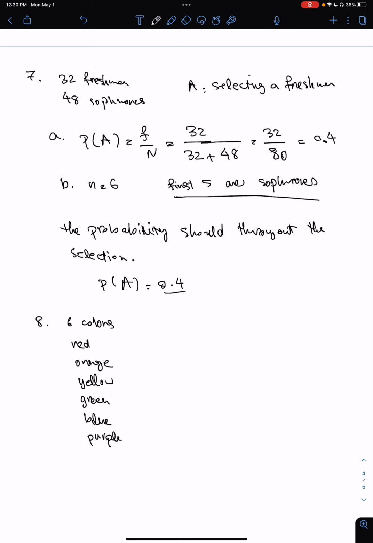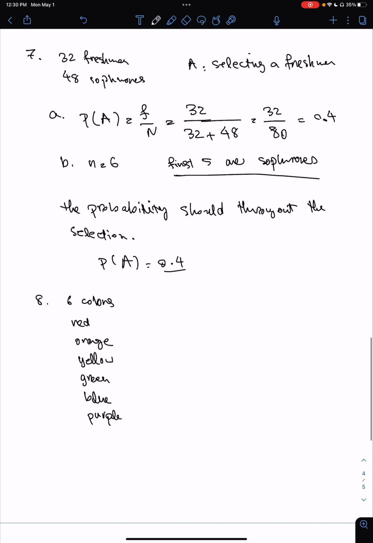If the bag has an equal number of each of the 6 colors, what are the probabilities for each of the following? So we know that these have the same number of candies.